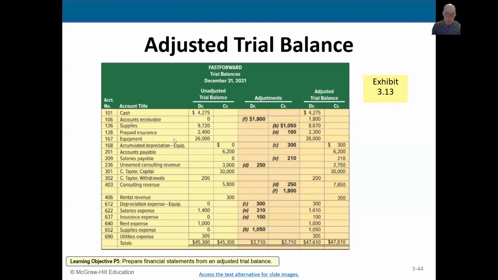How do I know? We always start with assets, then liabilities, and then equity, and we have our revenue and our expenses.